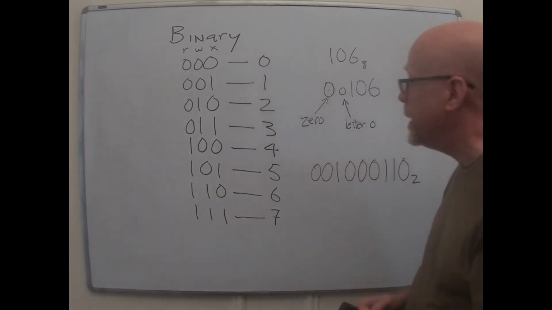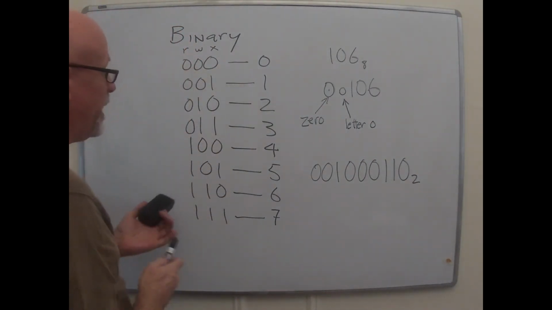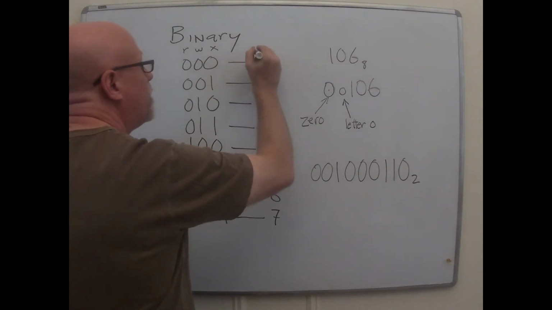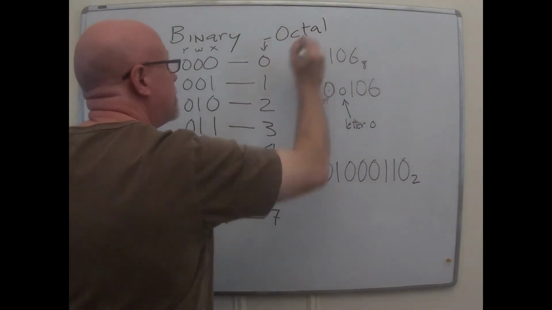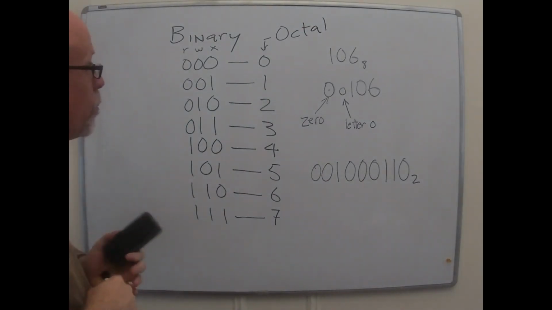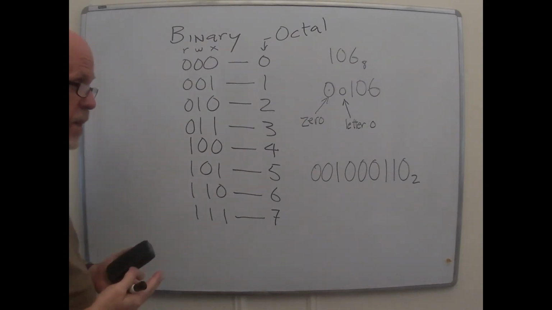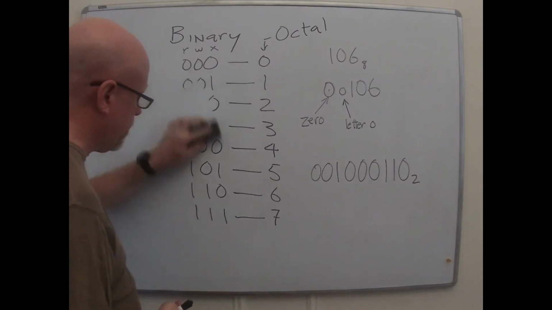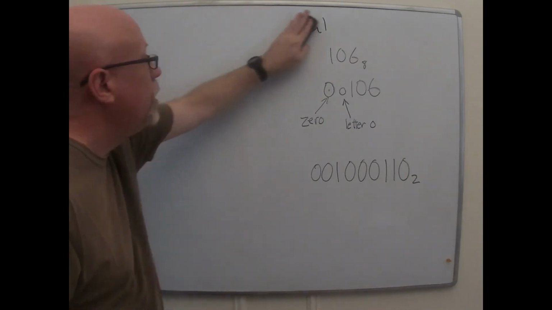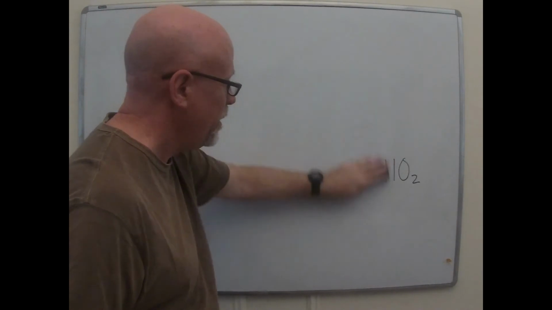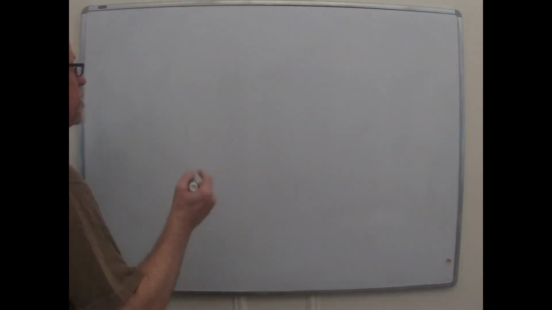Okay, hexadecimal. I've got binary written up here. I didn't write octal above it, and now I'm about to move on. But this column right here is where we're doing octal. Hexadecimal is more common, seen more often in the computer world now because of what I mentioned before about the size of bytes. 8-bit bytes are very conveniently divided into 4-bit items, and I think it's amusing that the typical name for those 4-bit items is nibbles.